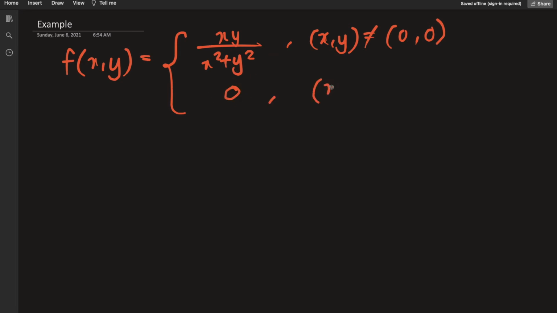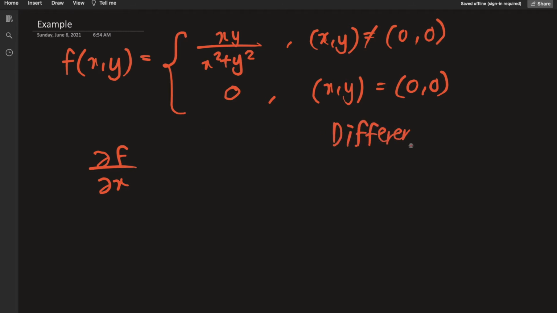And 0 when x and y are equal to 0. So that's how you define f of xy. What we can do is calculate the partial with respect to x. We need to check whether this is differentiable at the point 0, 0.